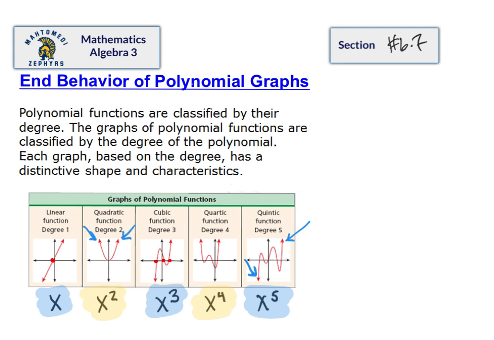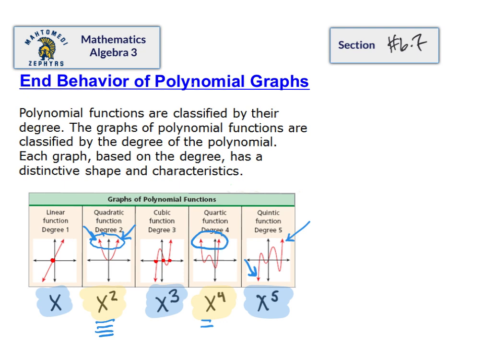And there is a difference here, depending on whether or not it's an odd power or an even power. As you can see on these graphs, when it's an even power, so x squared, x to the fourth, x to the sixth, the polynomial graph finishes in the same direction on the left and on the right. So for this squared function, they both finish going up.